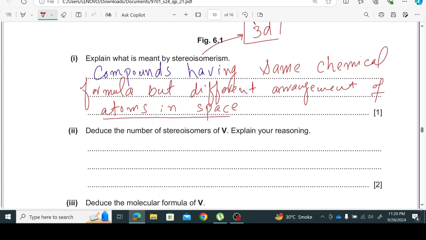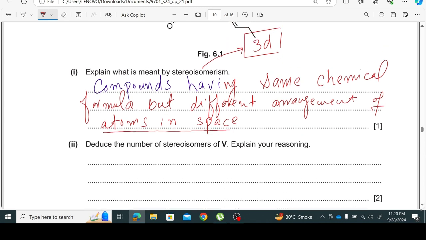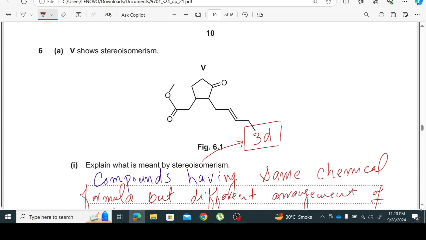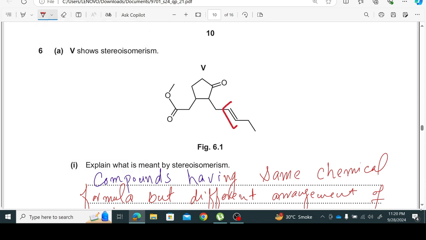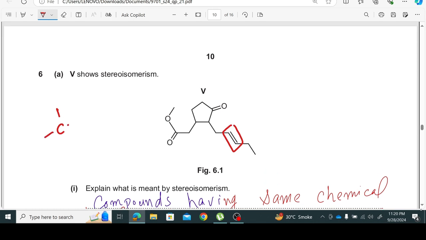Deduce the number of stereoisomers of the compound and explain your reasoning. When we find stereoisomers, we need two things: the number of carbon to carbon double bonds, and the number of chiral carbons. Here you can see one carbon to carbon double bond is here. A chiral carbon is a carbon connected with four different groups, not atoms.